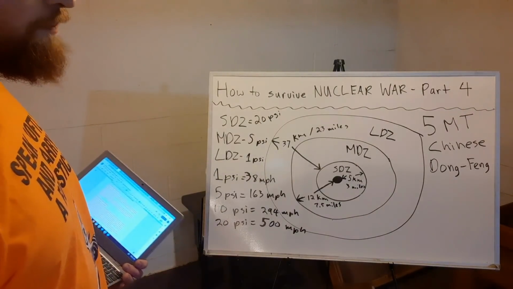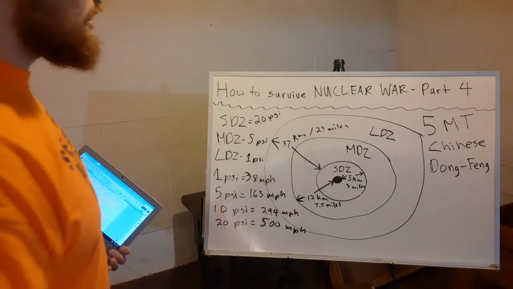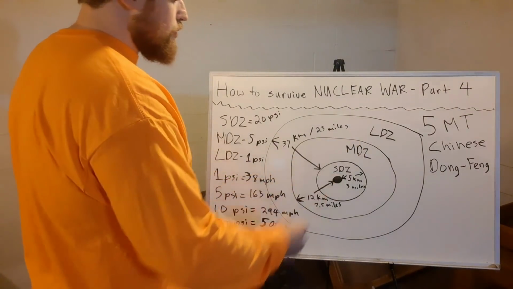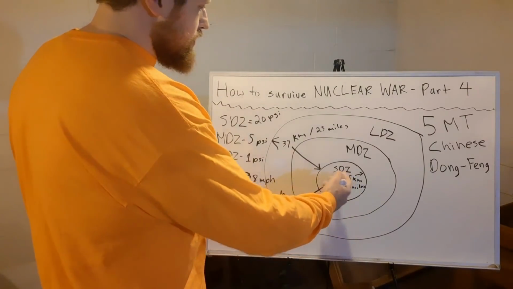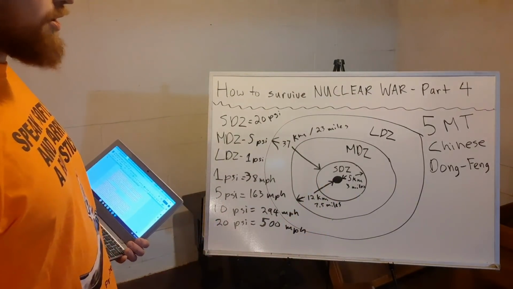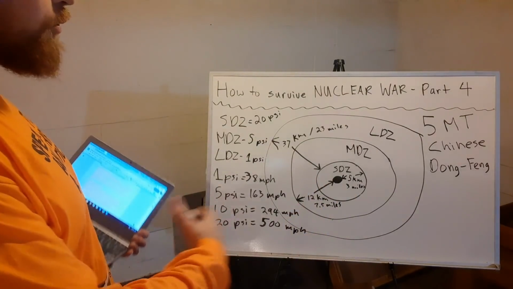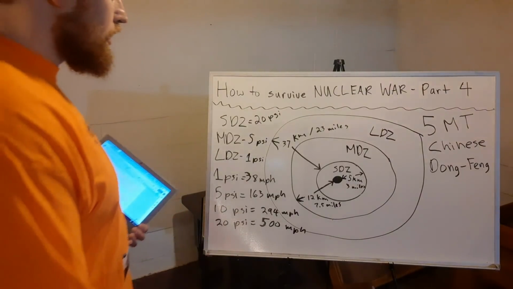But most bunkers are hardened to over 3,000 PSI, and this warhead here will probably generate a 2,000 PSI area of destruction within just a couple hundred yards. So it's not a wide area of massive PSI.